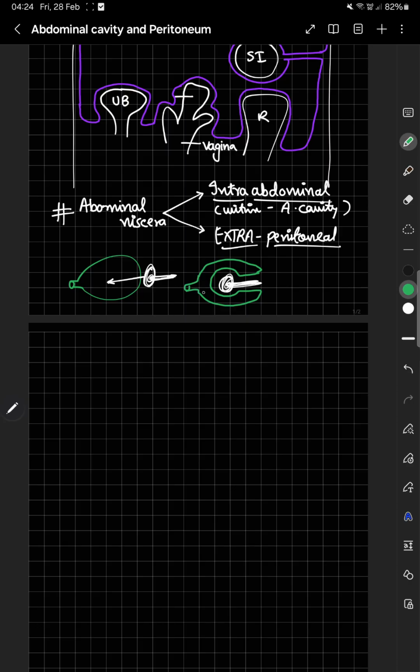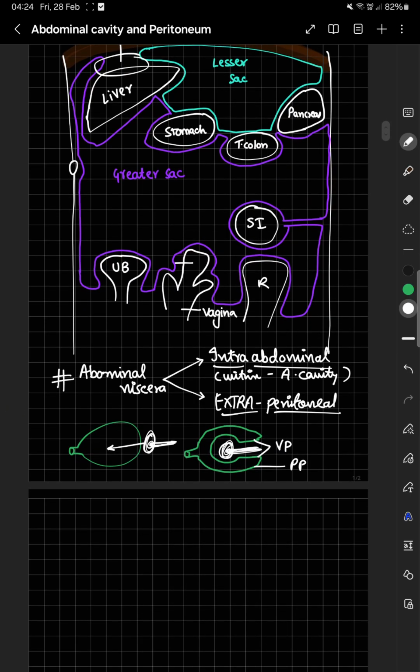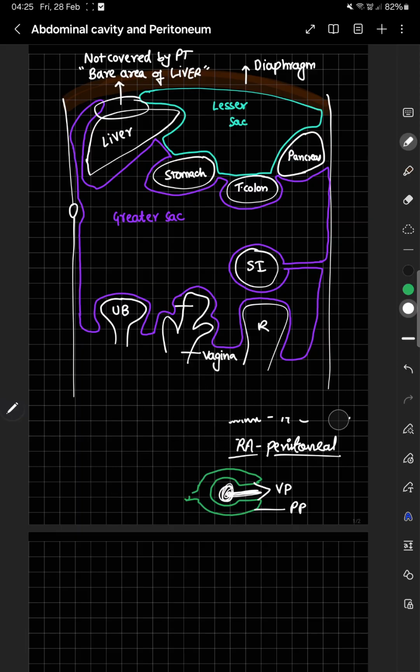So whichever part is lining this will be the visceral peritoneum and the outside one will be parietal peritoneum. No wonder it's called the extraperitoneal layer. Now this peritoneum, depending on its location, has different names. So we'll have to learn about this; this is the basic rough structure.